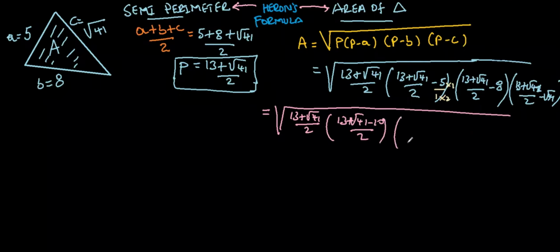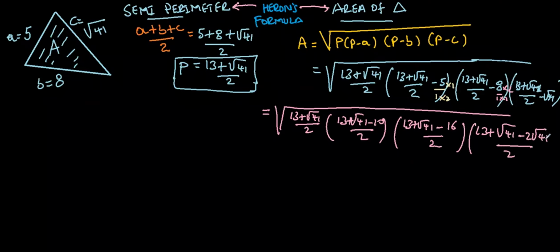The next one, 13 plus the square root of 41 minus 2 times 8 over 2, it will be 16 over 2, times 13 plus the square root of 41 minus 2 times the square root of 41 over 2. Because this one is over 1, it will be just 2 root 41.